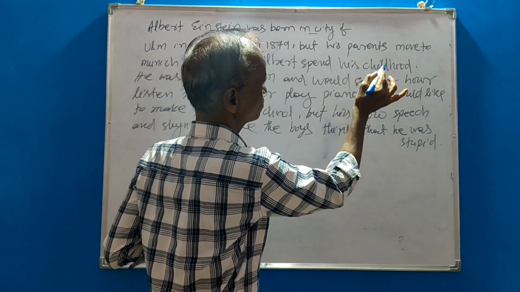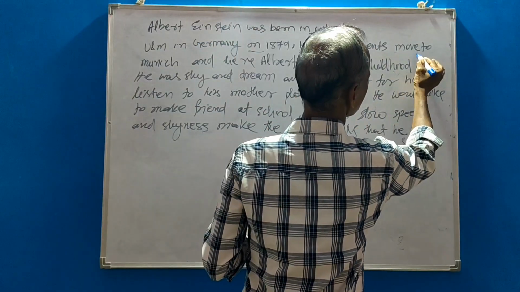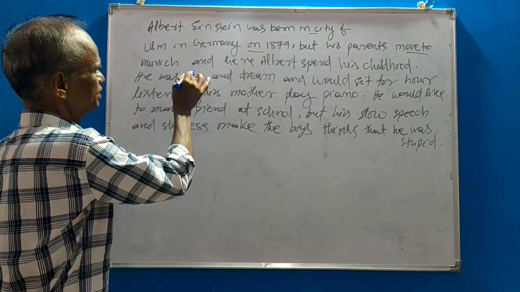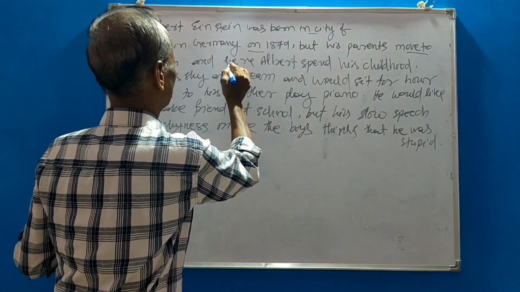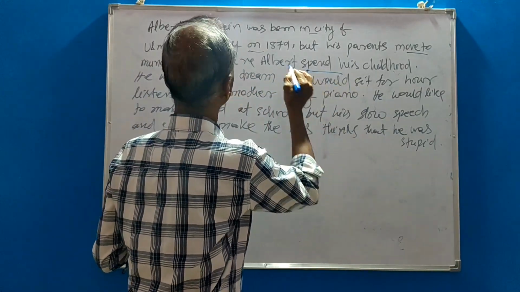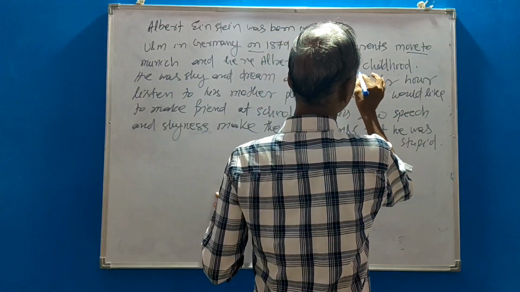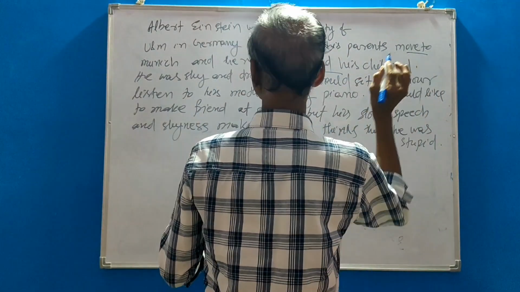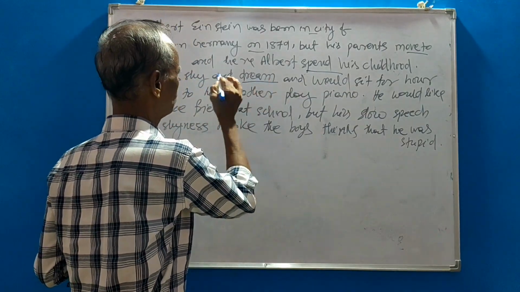But his parents moved to Munich, and there Albert spent his childhood, his sad and dream.